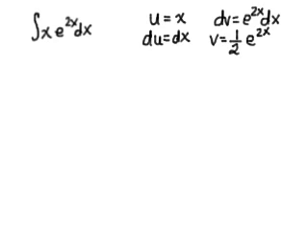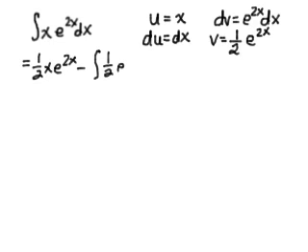So substituting this into the problem, we have u times v, so 1/2 x e to the 2x. And then we're going to subtract the integral of 1/2 e to the 2x dx, because du is dx. And then take the antiderivative one more time.